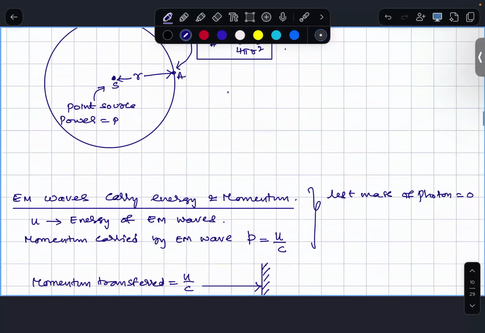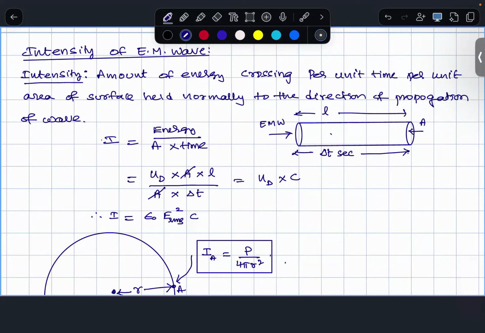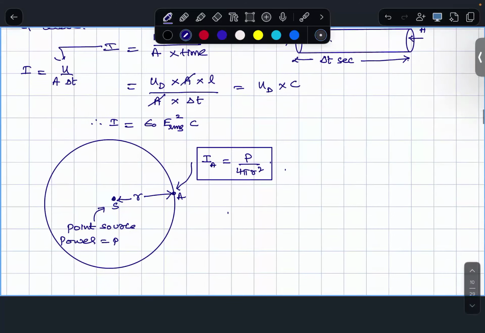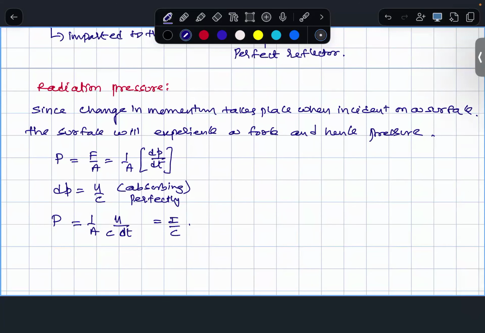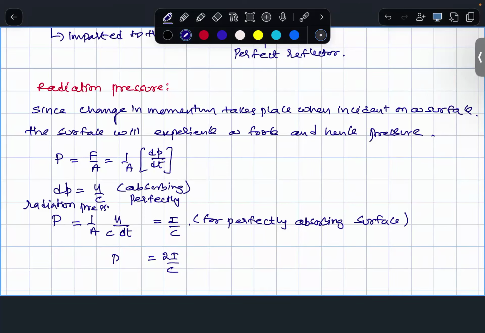It was just told here. U by A dt is I by C. This is for a perfectly absorbing surface, and for a perfectly reflecting surface it is twice that.